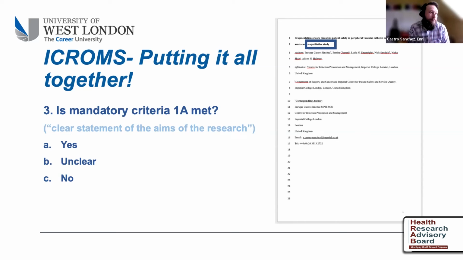So have a look at the fragmentation of care paper, the paper that you are meant to be reviewing, and see if you can find the aims of the research somewhere, and how well that section is written, if it is there.